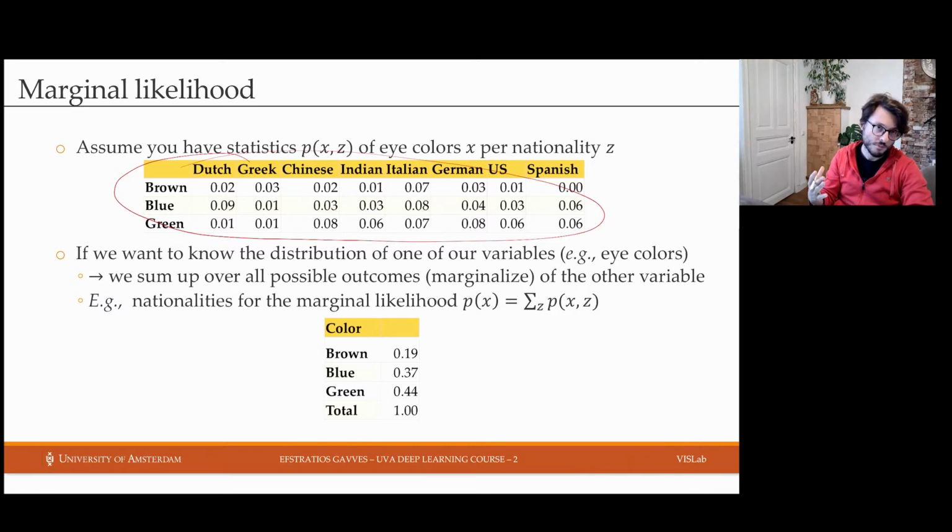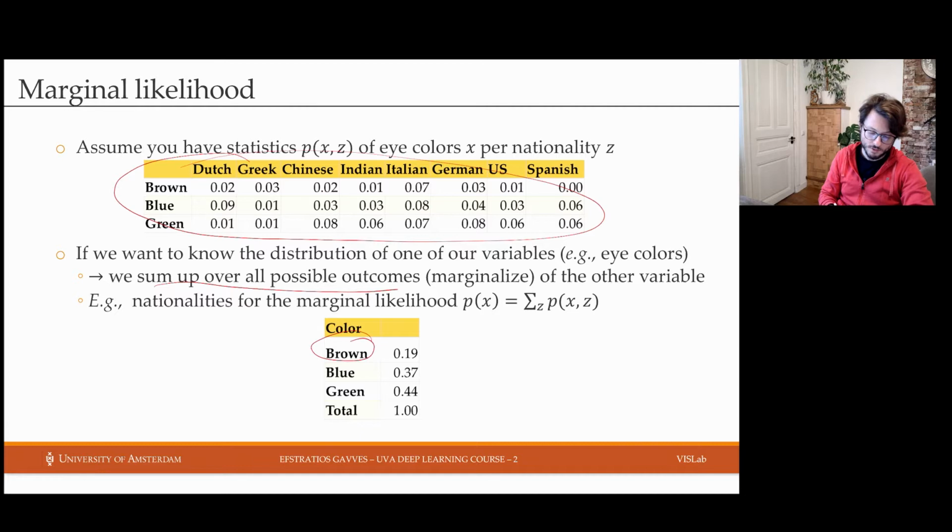If we want to know something about the distribution of the colors of the eyes in this population, regardless of the nationality, then we have to resort to the so-called marginalization operation. Specifically, we have to sum up over all possible outcomes for each of the eye color instantiations, and that way we are making sure that all possibilities are taken into account.